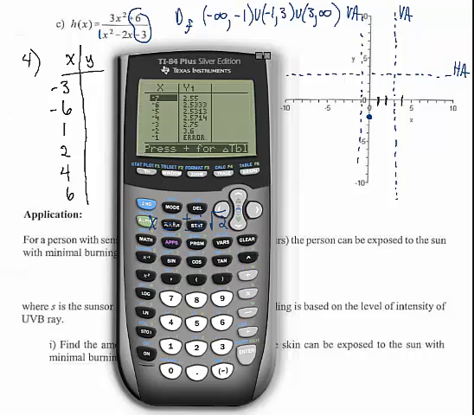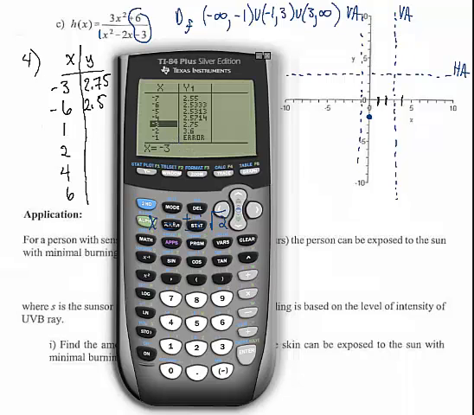So using the table from the calculator, it's already done all the work for us. At -3, we have 2.75. -6 is approximately 2.5.